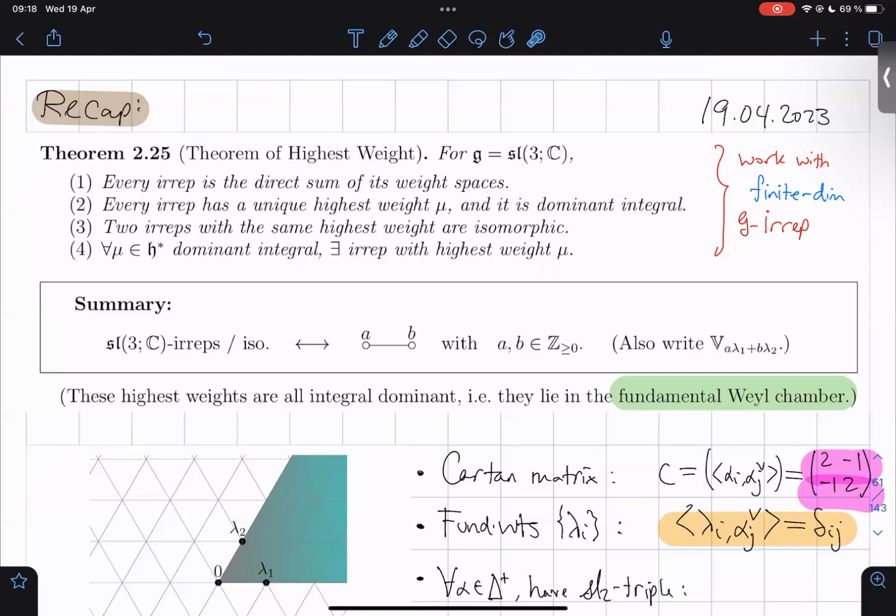So it's a very clean statement: summarizing, SL3 irreps modulo isomorphism are classified by highest weights. Writing it out in terms of the fundamental weights, you put these coefficients over the nodes of the Dynkin diagram, and these coefficients have to satisfy this dominant integral condition: integer valued, and in fact, non-negative integer valued.